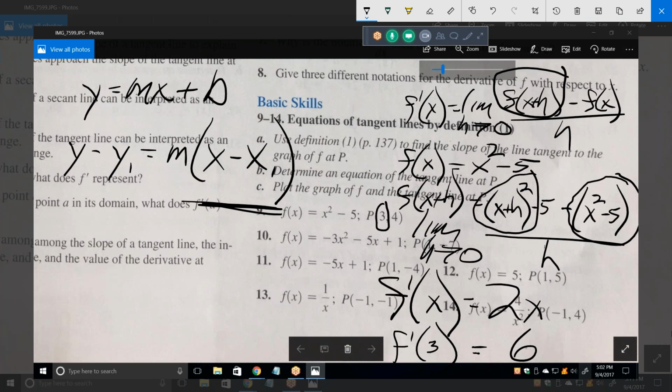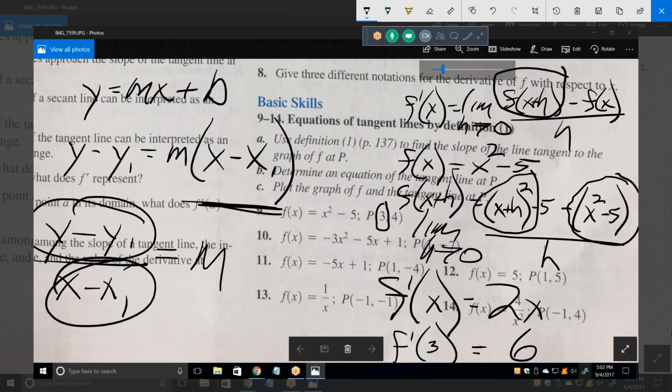Now, what is m equal to? Rise over run. In other words, m is going to be this. Y minus y sub 1 all over x minus x sub 1. Well, that's rise, that's run.